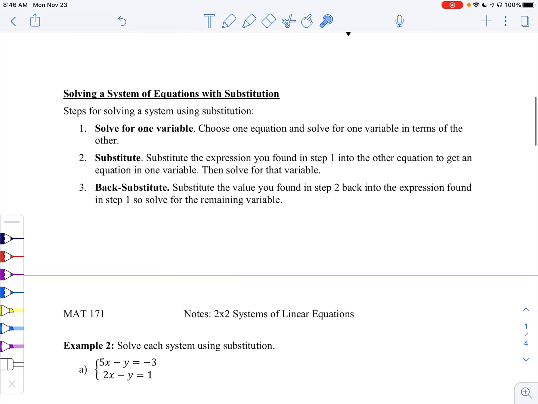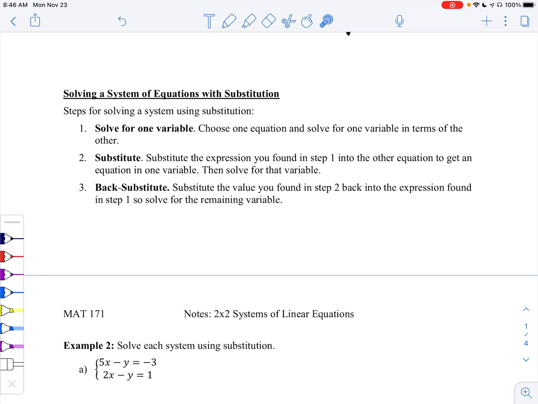So the next way we're going to look at is using substitution. Now, the basic idea here is we have our two equations. We're going to start by taking one of the equations and solving it for either x or y. It doesn't matter which variable you solve for. Typically, I would say solve for the one that's easier if one of them looks easier, okay?